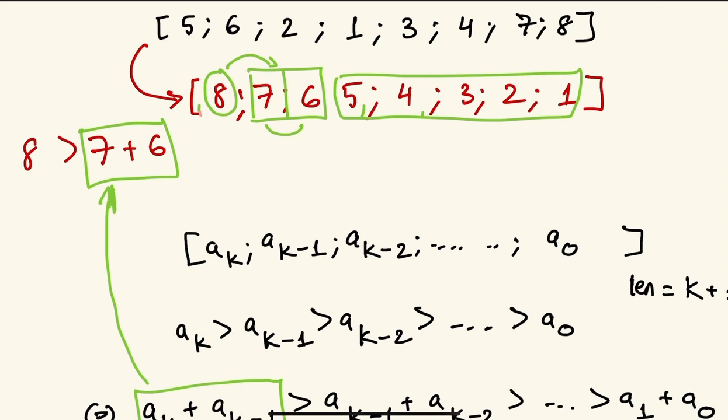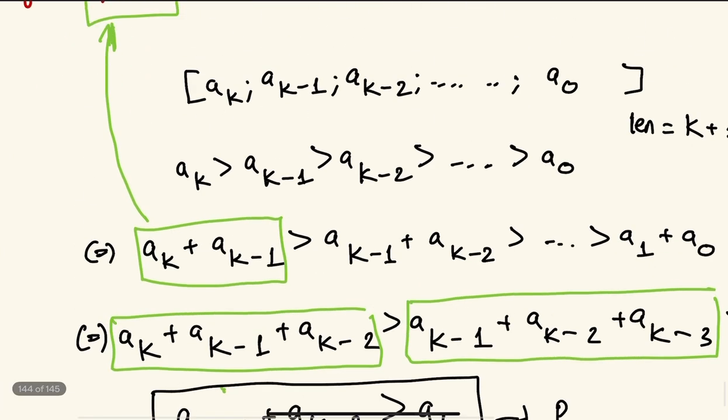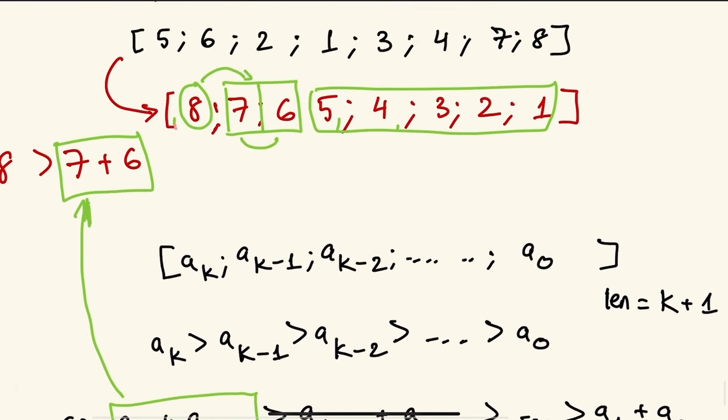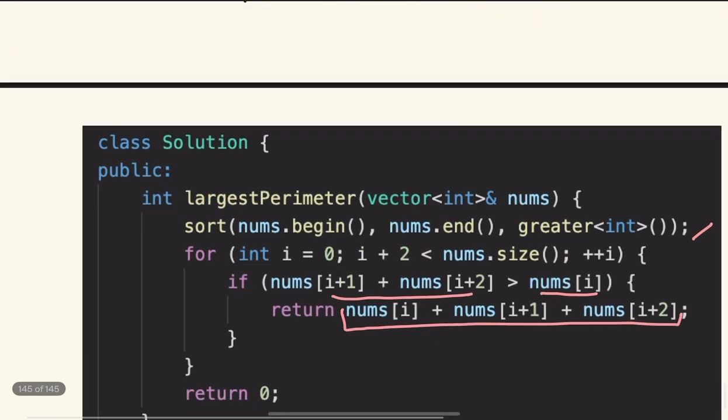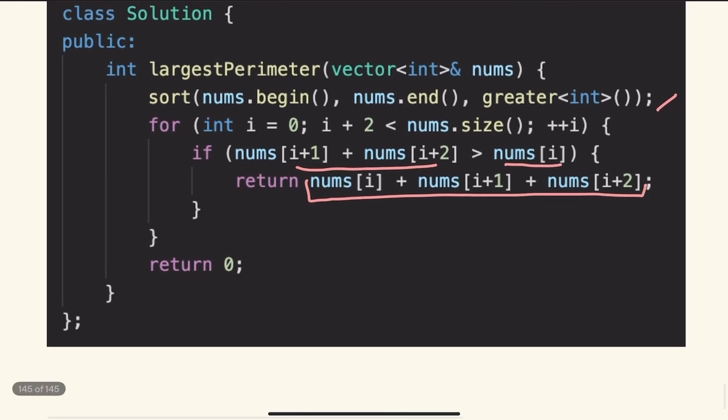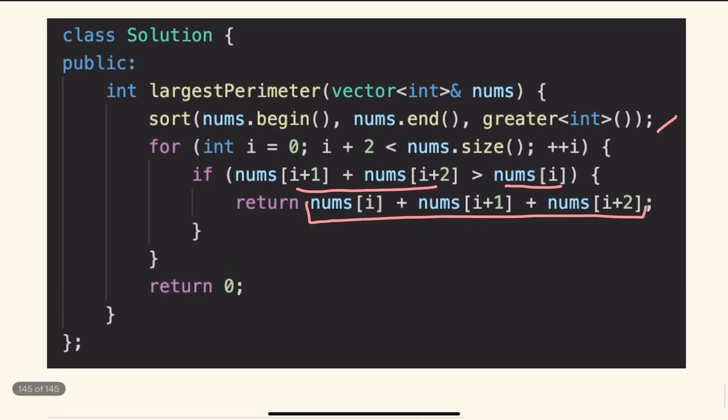If 8 is not bigger than 7 plus 6, how can it be bigger than a smaller sum? I'm not sure how to say it, but I hope you can understand: we don't have to check the other pairs with 8, because 7 plus 6 is already the biggest one. So that's how I came up with the idea and how I coded it.